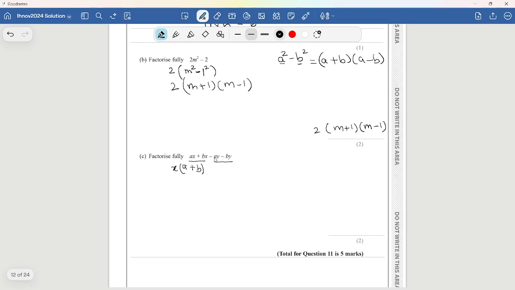And then from the last two terms, if you take out y as the common term, or precisely because these two have a negative sign, if I take out minus y as common, then we have a plus b remaining inside the parenthesis.